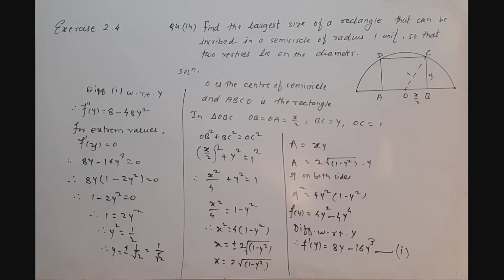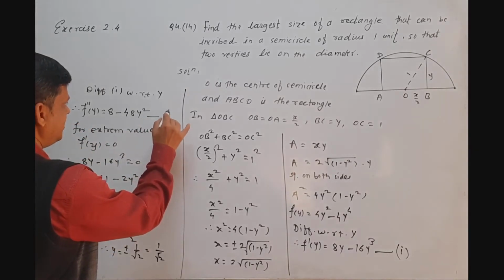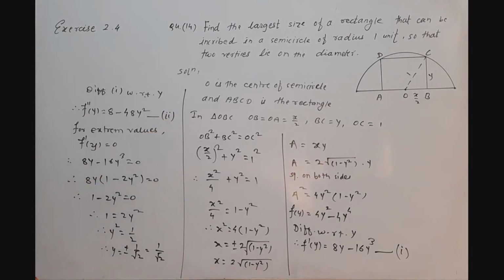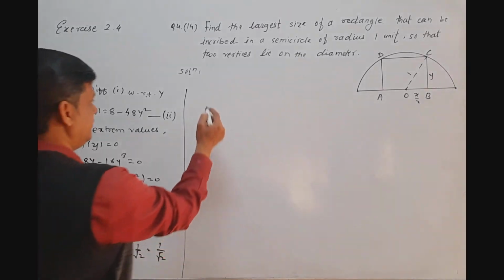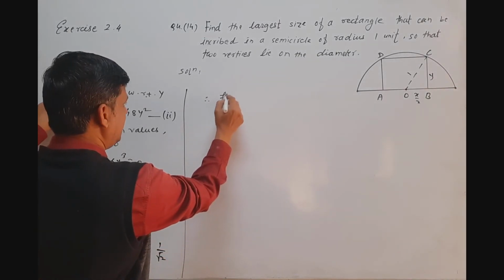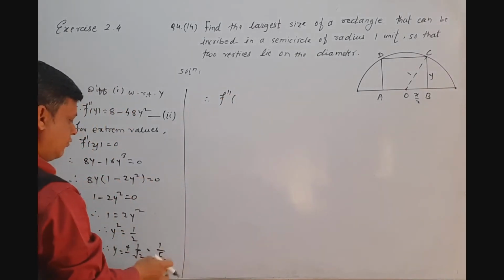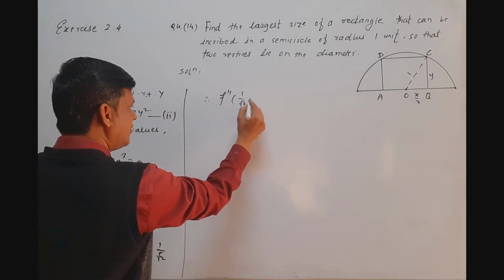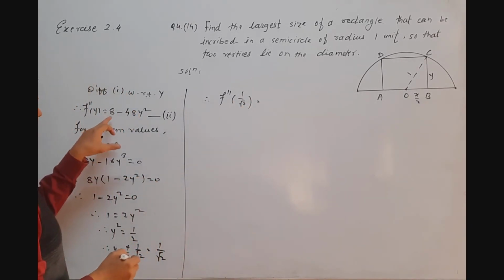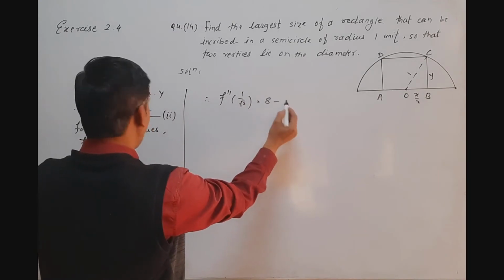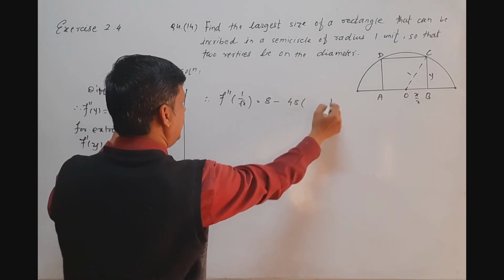Now we have to substitute this value of y in f double dash of y. So for that we represent this f double dash of y as equation number 2. So we write f double dash of 1 by root 2 is equal to, from equation 2, 8 minus 48 into y square.